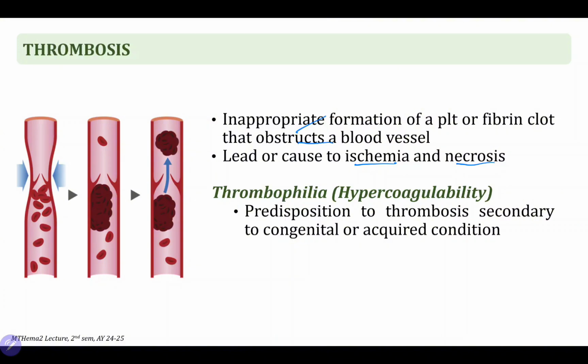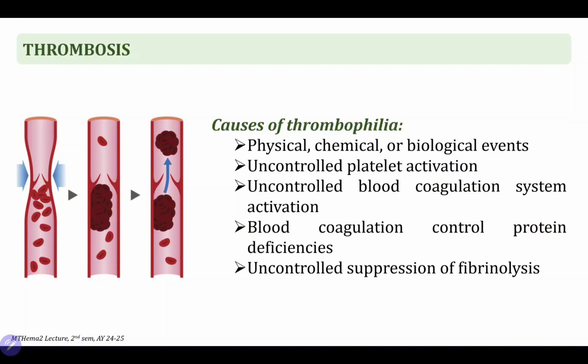Your thrombosis is also associated with the term thrombophilia. Thrombophilia is also known as hypercoagulability. This is a predisposition to thrombosis secondary to a congenital or acquired condition. Now, thrombophilia may have different causes. It may be due to physical, chemical, or biological events.